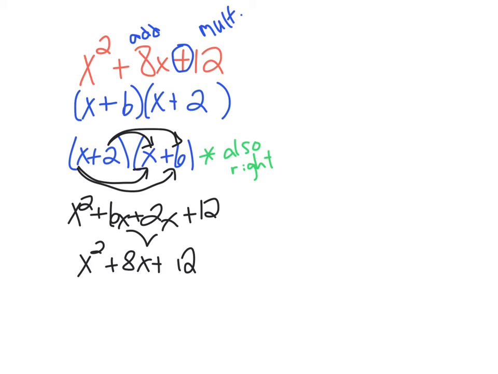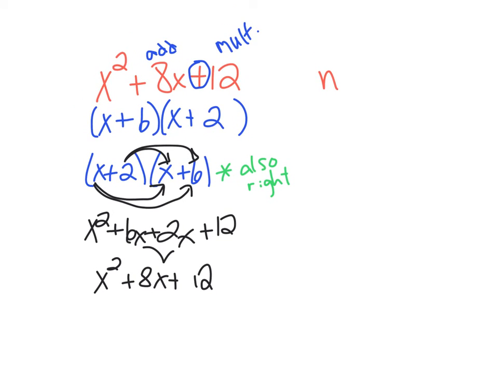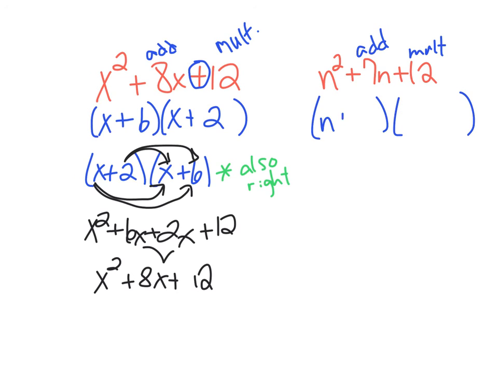Okay, so let's try another one. Let's say that we have n squared plus 7n plus 12. This time I need two numbers that multiply to be 12, but add to give me 7. If we think about what those two numbers will be, that's going to be 4 and 3. So this is n plus 4 and n plus 3.